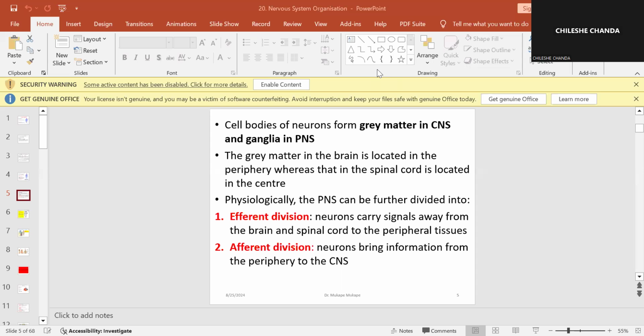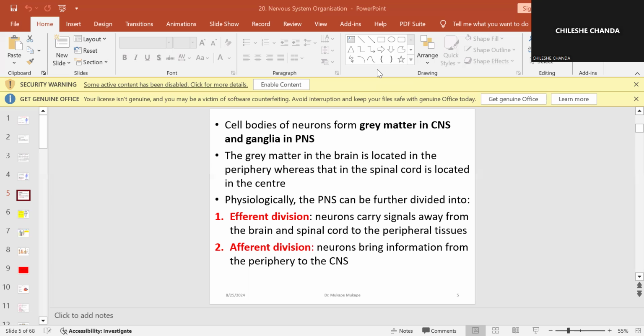On the other hand, we have another division. Now, before I go to the efferent, remember we are saying that the afferent division is the one that brings impulses from the peripheries, meaning from the skin, from wherever the sense organs are. So these are sensory neurons, the ones that perceive sensation.